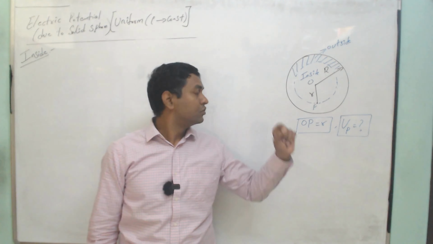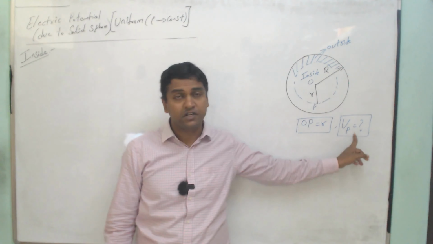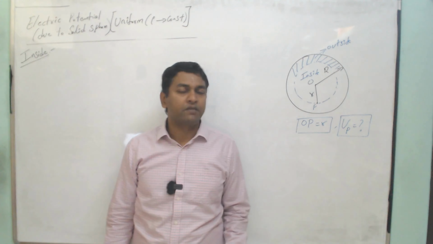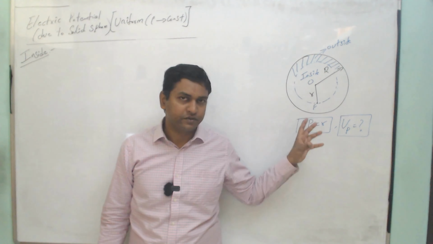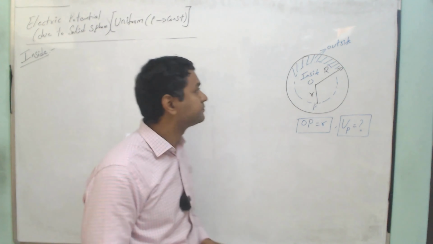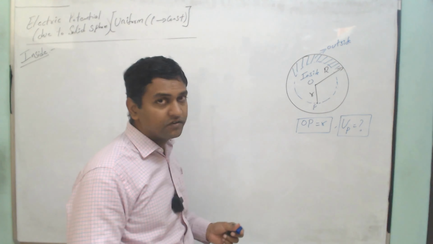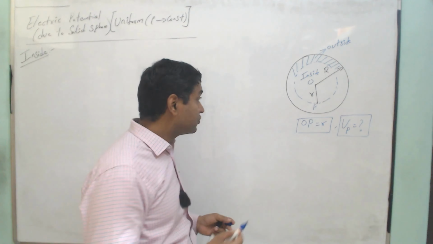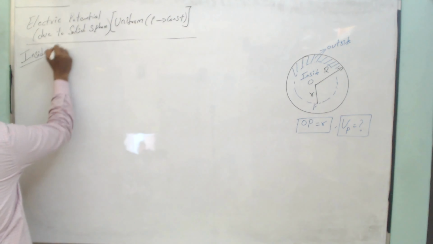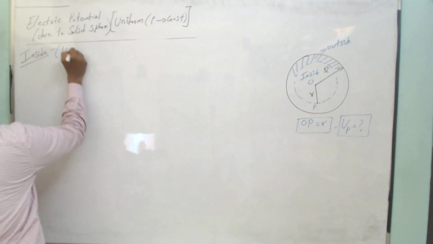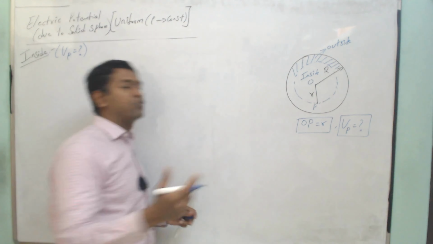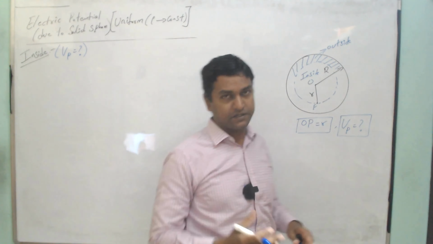Now, to find the electric potential at point P, the element that I am going to take for a solid sphere is a hollow sphere. So, this is basically finding the electric potential at point P, and that point P is inside my sphere.